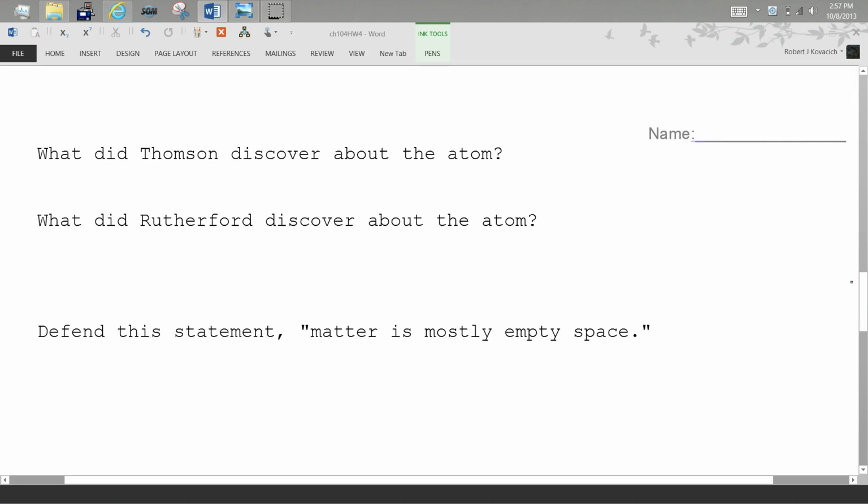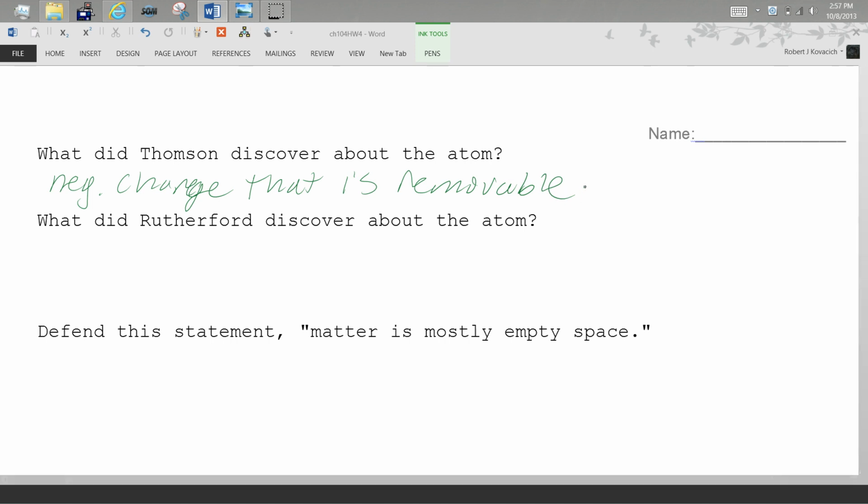What was it that Thomson discovered that is still true today? What did he discover about the atom? Okay, so there's a negative charge. And what do you know about that negative charge? The electron can come off of the atom. That's what he found out. That there's a negative charge and it can come off.